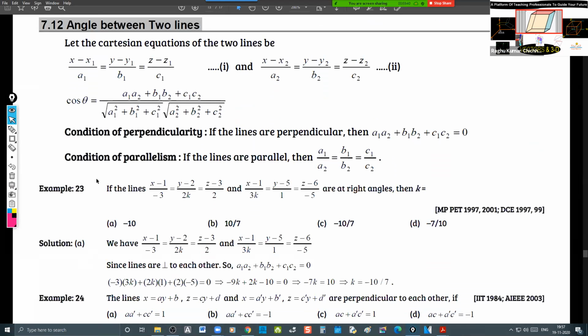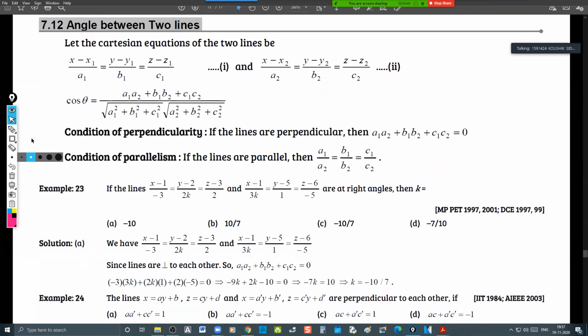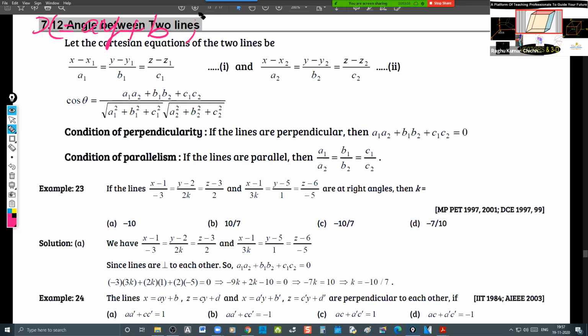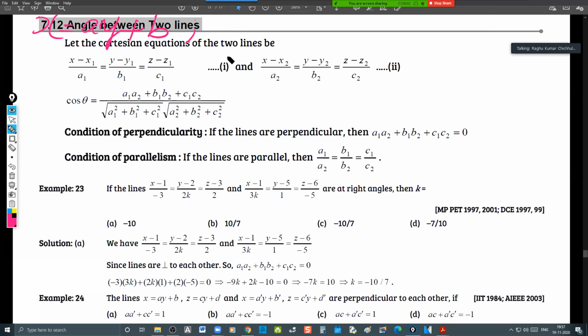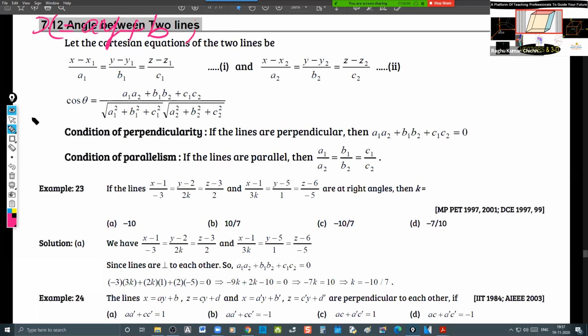Now, Kaushik, please read that 24. The lines x equals ay plus b, z equals cy plus d, and x equals a dash y plus b dash, z equals c dash y plus d dash are perpendicular to each other if. Come on, tell me what is the condition for perpendicularity, please.